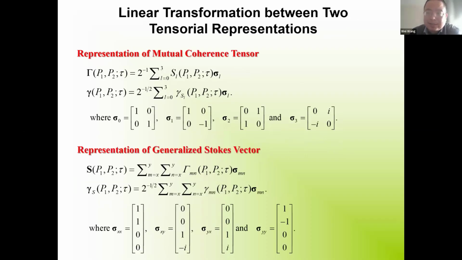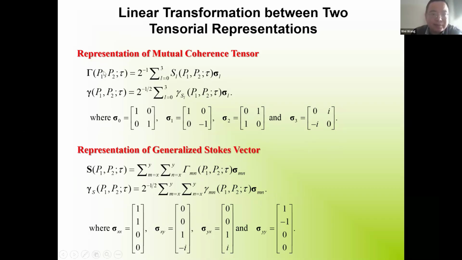As we see, the mutual coherence tensor and the generalized Stokes vector can both be used to represent the polarization-related coherence phenomena. Of course, there is a linear relationship between these two different representations. Here we show the linear transformations between these two tensorial representations.